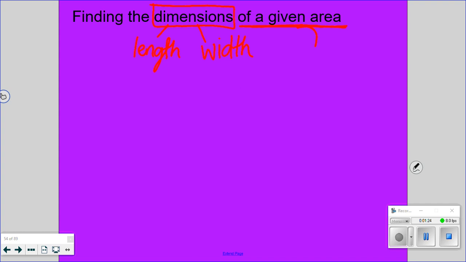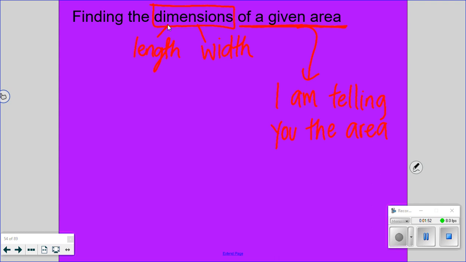A given area means I am telling you the exact area. So a given area just means I've already given it to you. I'm saying the area is this.